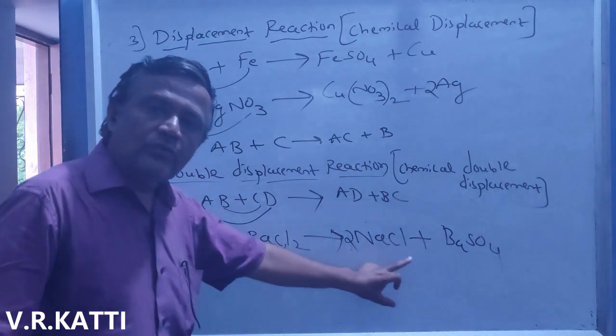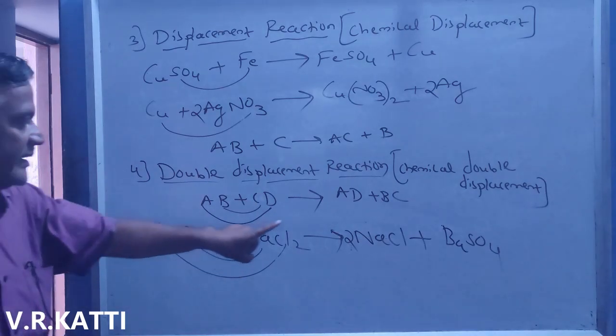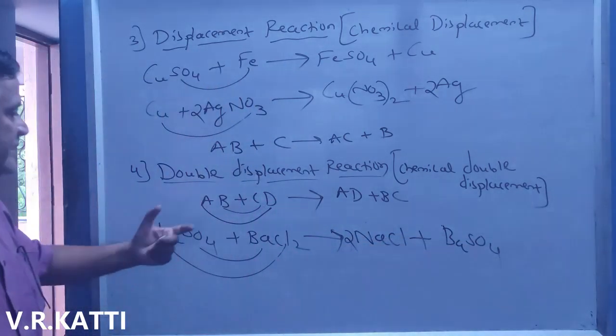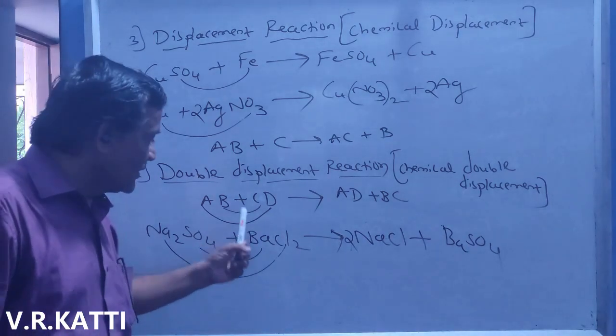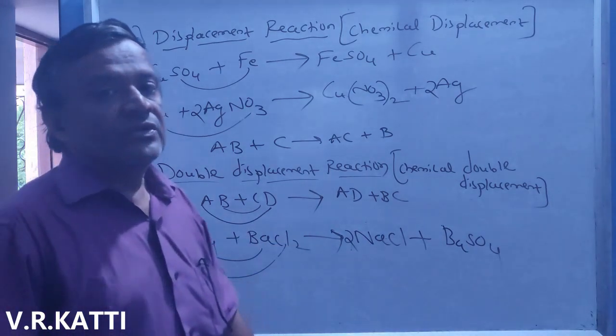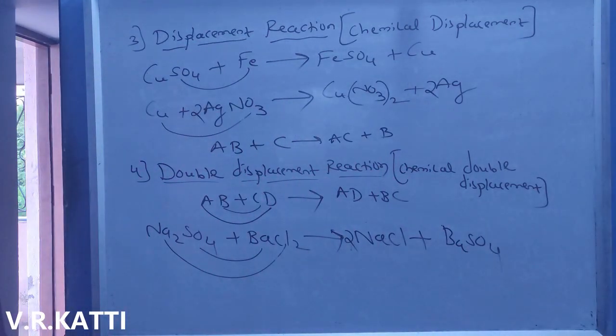So this is sodium sulfate plus barium chloride. It forms sodium chloride plus barium sulfate BaSO4.